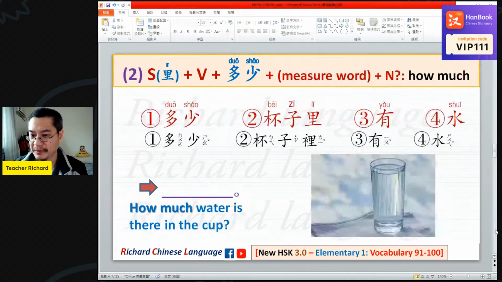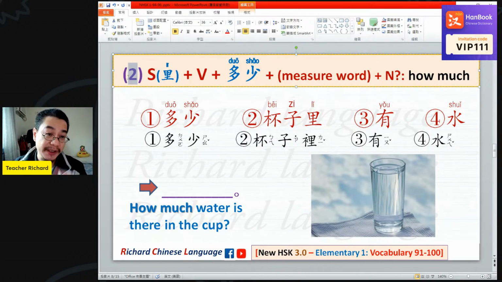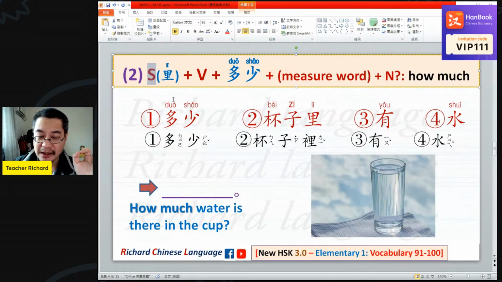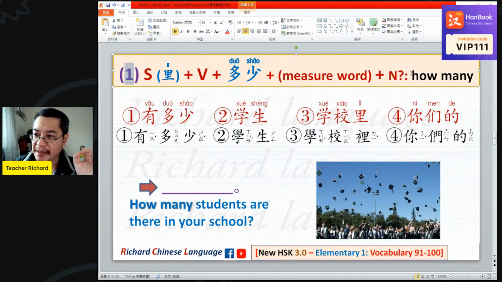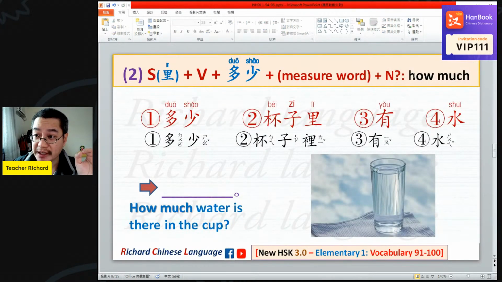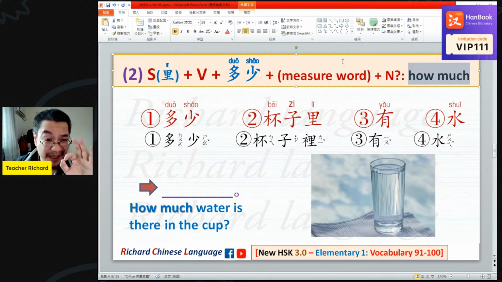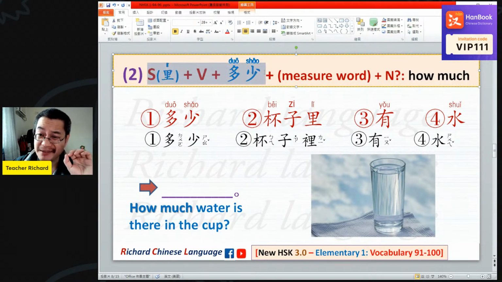Okay, so let's see grammar point 2. Grammar point 1 is talking about how many. And grammar point 2 is talking about how much. But actually, in Chinese, the sentence pattern is the same.